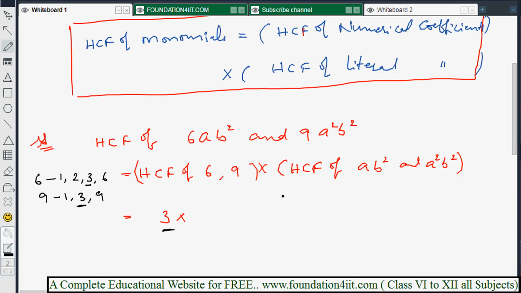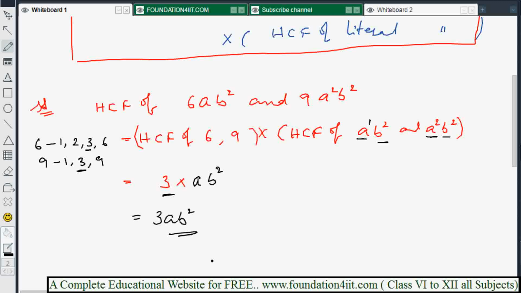Now the HCF of ab square and a square b square: here a is only power 1 and the other is power 2, so we take the lower one, a, and b square is the same in both. Therefore 3ab square is the HCF of 6ab square and 9a square b square.